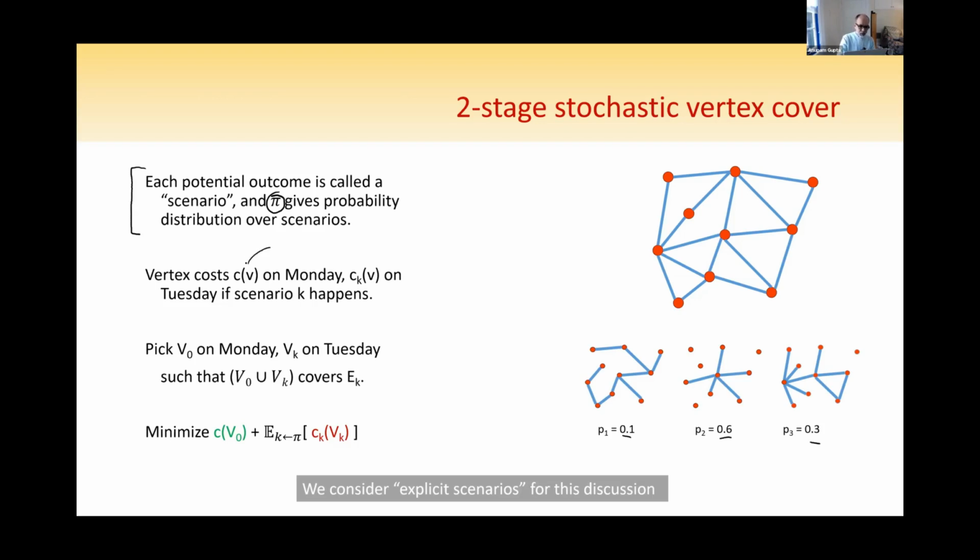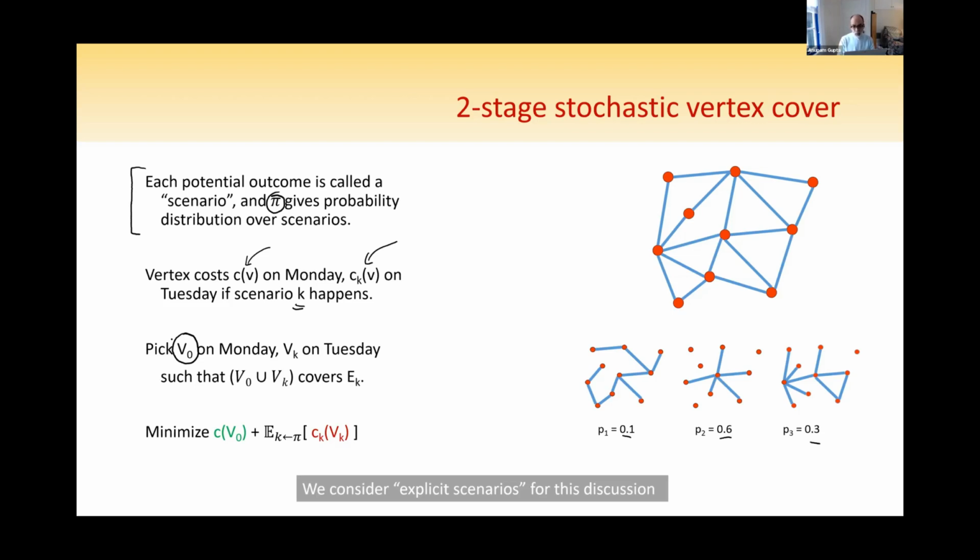And the probability distribution gives a distribution over sets. Okay, good. A vertex costs c_v on Monday and some cost on Tuesday, depending on what scenario appears. This could be a very complicated object. For every possible outcome, you say, oh, if this edge appears and this edge appears and this edge appears, then the cost of this vertex is 72. Things like this. It could be very complicated. Right now, the model is very general. Okay. What do you want to do? You want to pick a set of vertices on Monday.